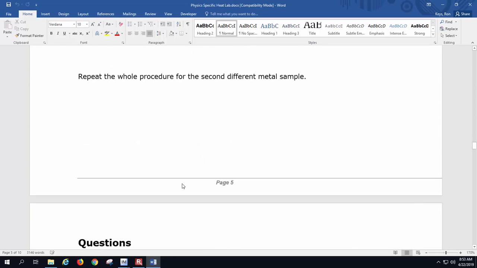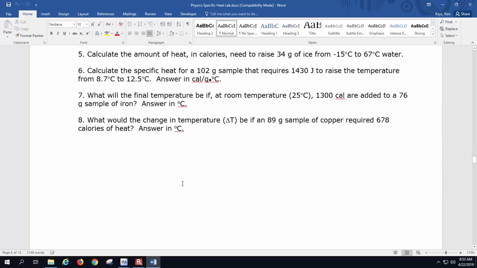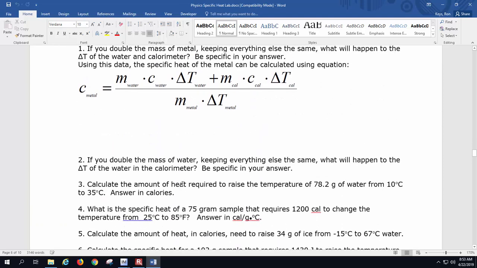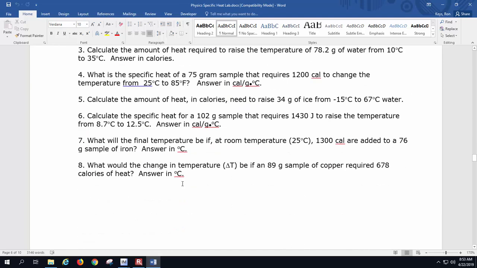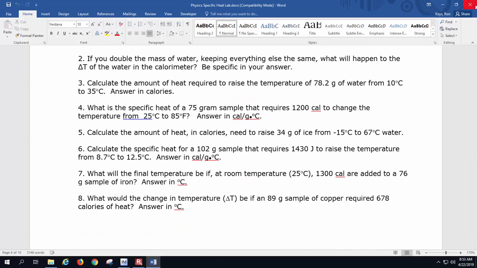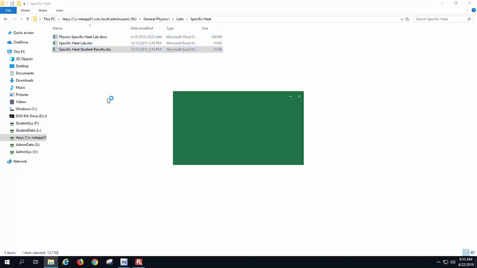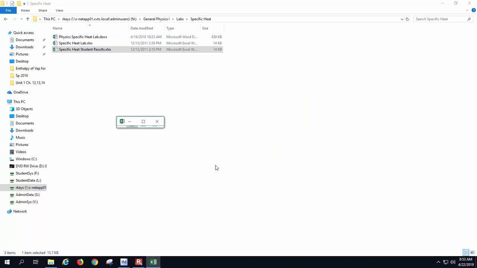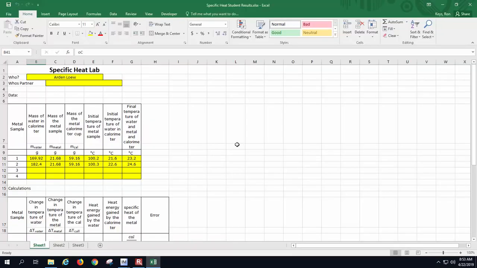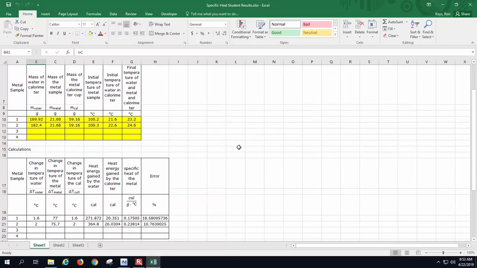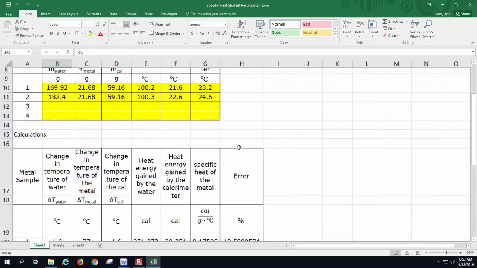It goes through this. There's some questions at the end to answer. I think there's 8 questions. There is a spreadsheet here. This is one with somebody's data in it, so we'll do the same thing.